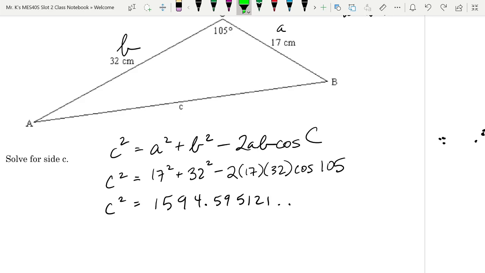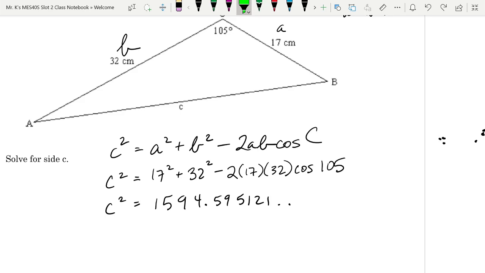Now, the screen just changed for me. It says negative 0.2 something, but that's because I haven't hit equals yet. So give that a try. If it's still not working for you, after I'm done this example in this lesson, I can put on the document cam and we can punch buttons together, all right?